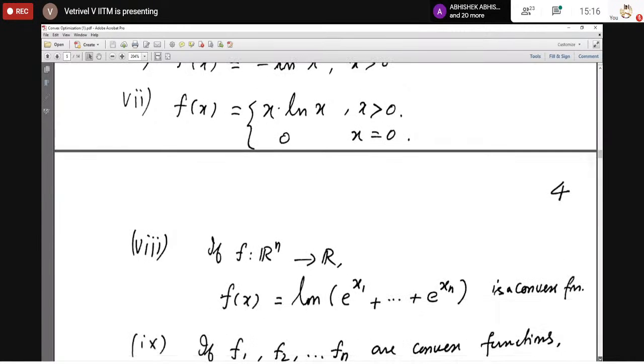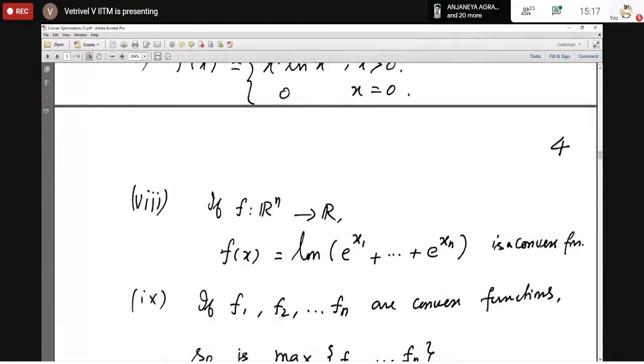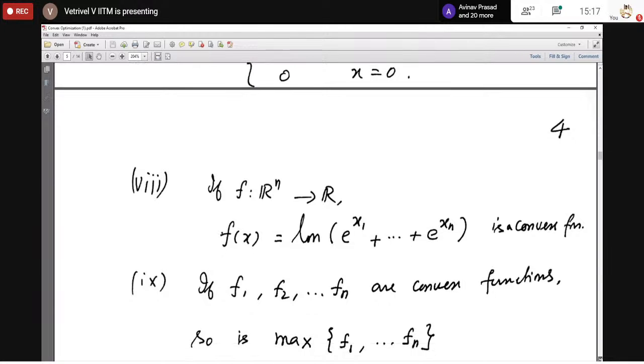And more than that, in the n variable case, when we write x equal to x1, x2, up to xn, then f of x equal to ln of e to the power x1 plus up to e to the power xn is a convex function. And the sum of convex functions is a convex function.